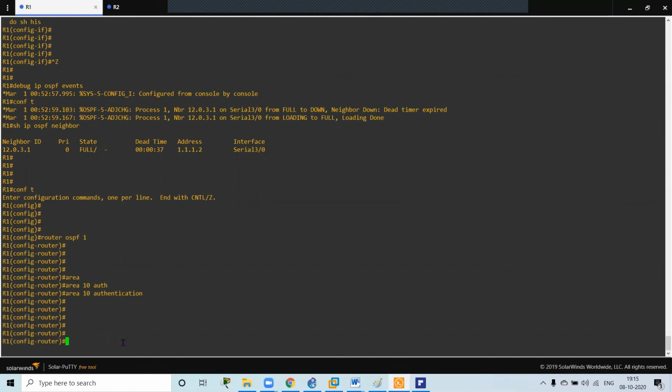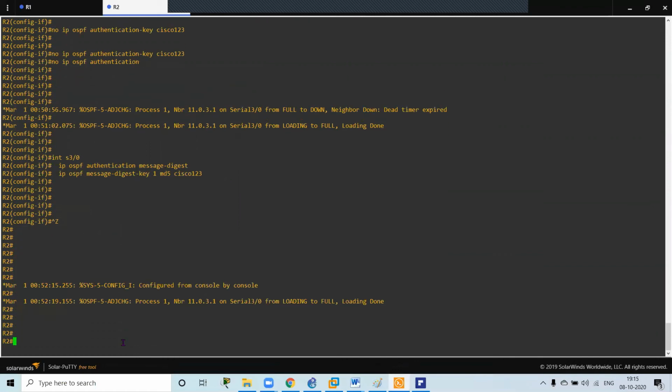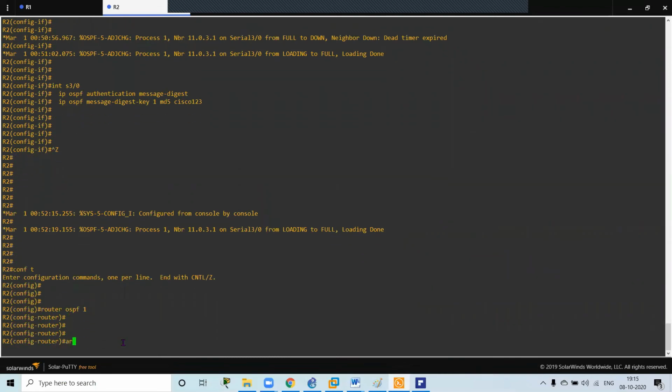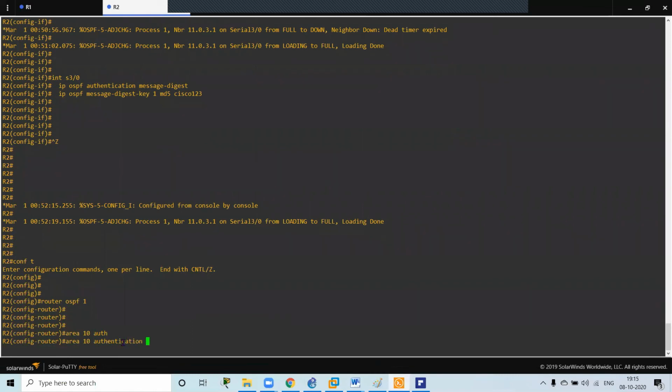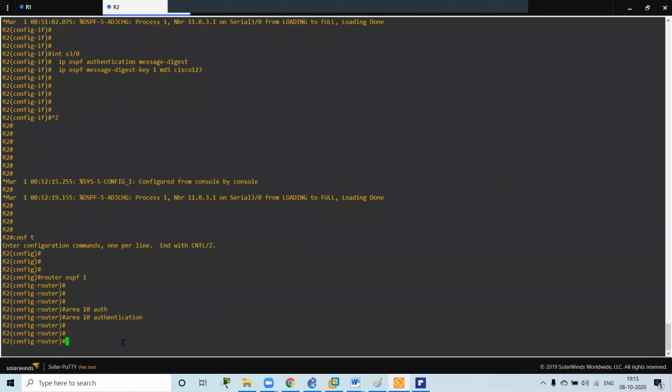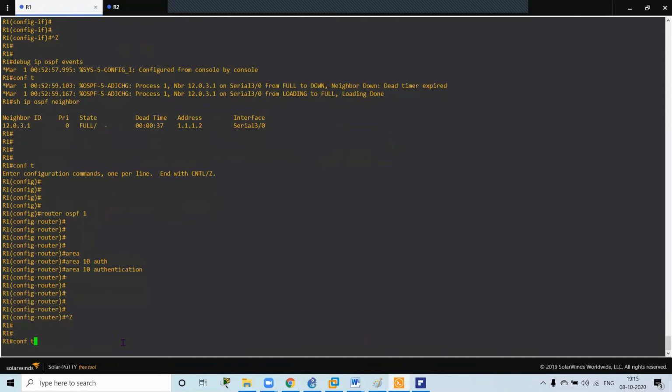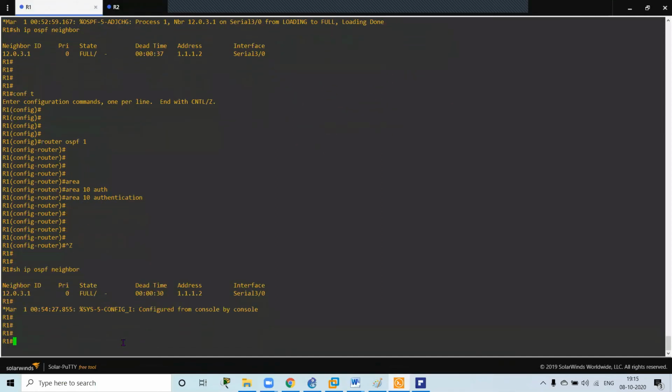This will enable the authentication at the process level. I am having the neighborship up with 12.0.3.1. This is at the process level.